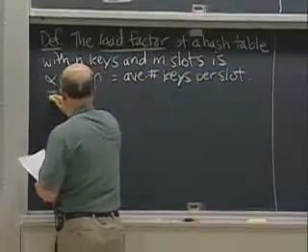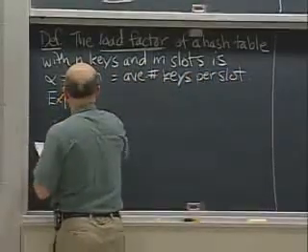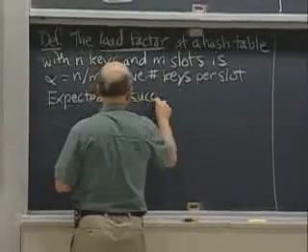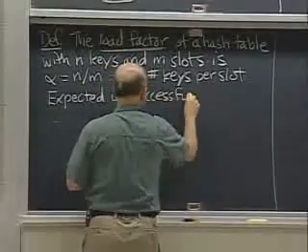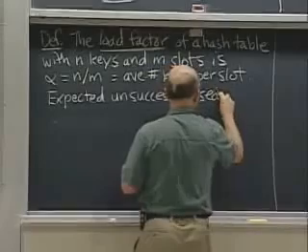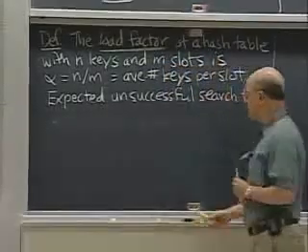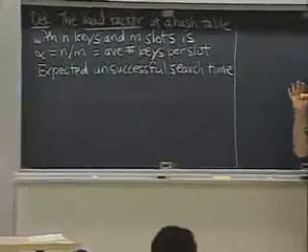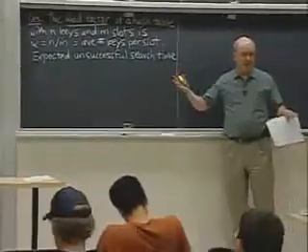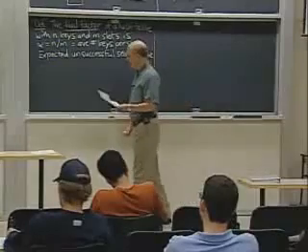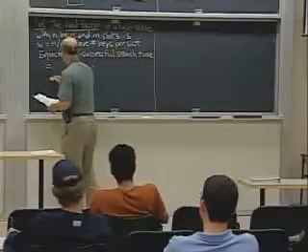So alpha is the average number of keys per slot, and we call it the load factor of the table. How many keys do I have on average? So the expected unsuccessful search time. By unsuccessful search, I mean I'm looking for something that's actually not in the table. It's going to return nil. I look for a key that's not in the table, and it's going to be what?